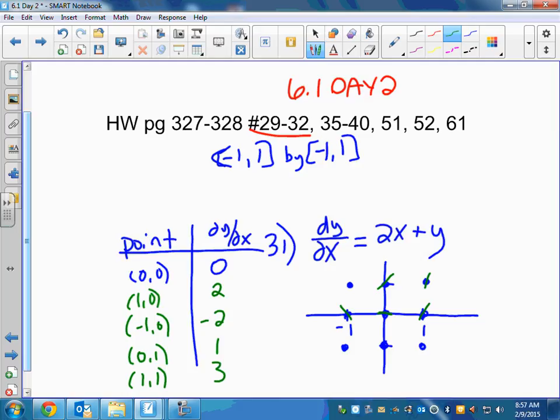At negative 1, 1, that would be a slope of negative 1. Is that true? So that's the same as this one? No, that was negative 2, wasn't it? Negative 1 would be not as steep as that.